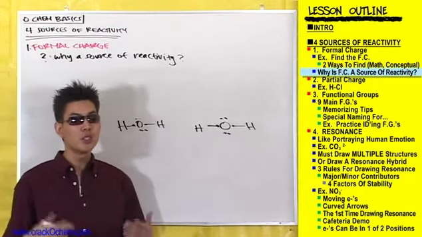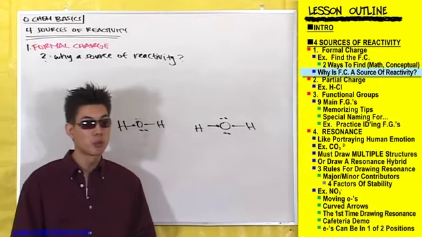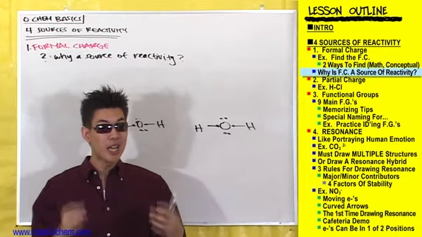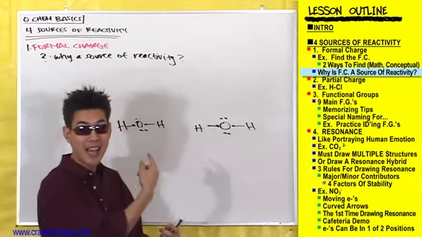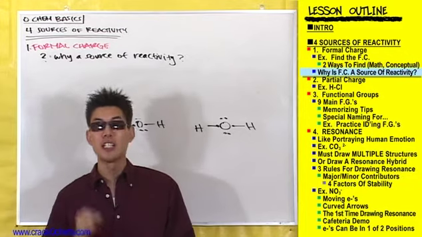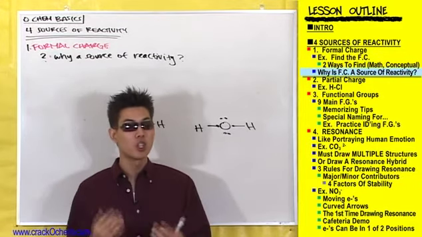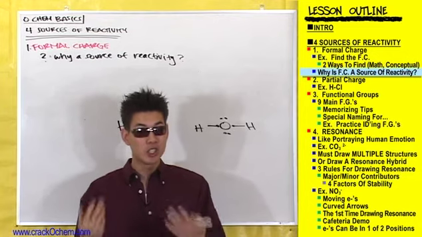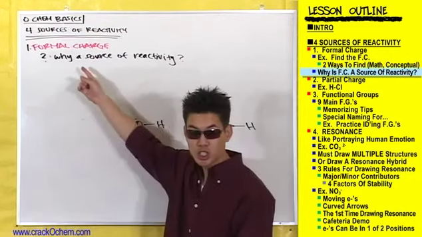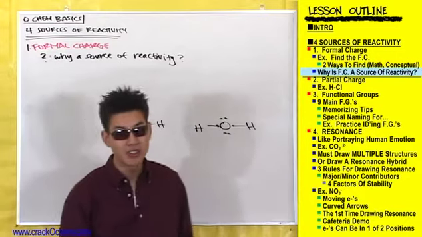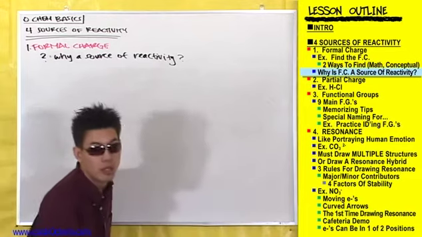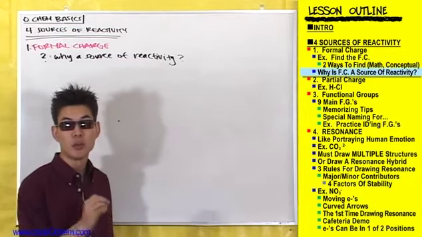So hey, whenever you see a positive or negative formal charge, it should scream out at you, hey, a reaction is going to happen at this atom, right? And that is why being able to find formal charge is so important, because it shows you where a reaction is going to occur. It's going to take place, right? So in answer to this question, why is it a source of reactivity? Well, the answer is because all atoms want to be neutral.